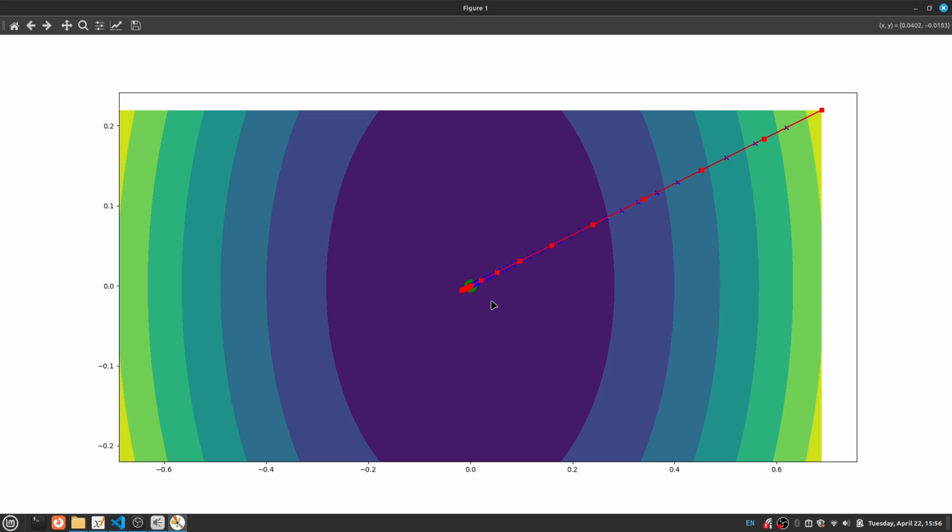Yeah, it is overshooting, but you can't see how much it is overshooting in this case.